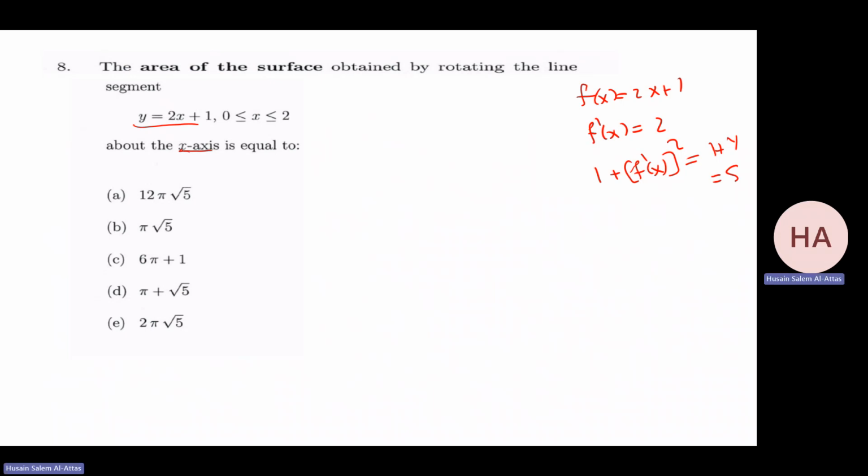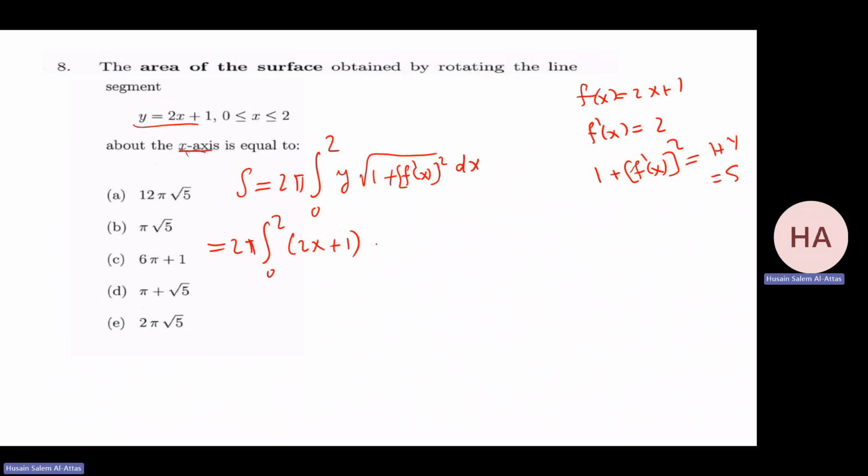Okay, so S will be 2 pi from 0 to 2 of y, with the x-axis. I have y. I will write y now, times the square root of 1 plus f prime of x squared dx. And that will be 2 pi from 0 to 2. What is y? 2x plus 1 times square root of 5 dx.